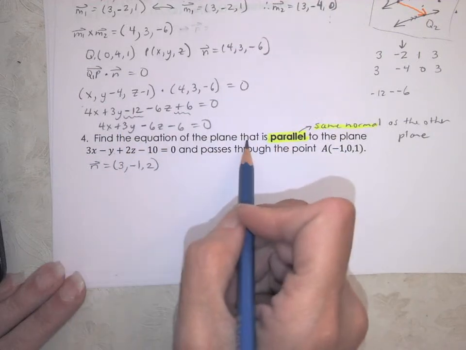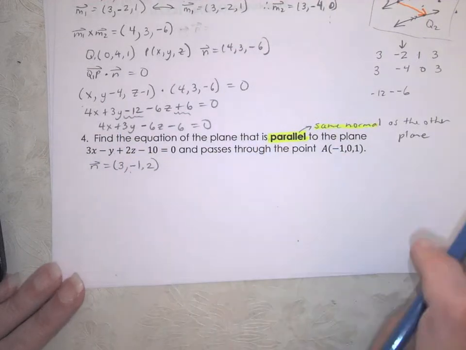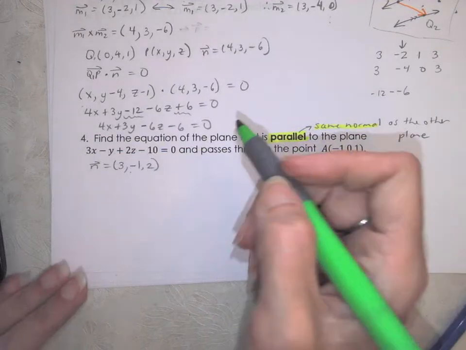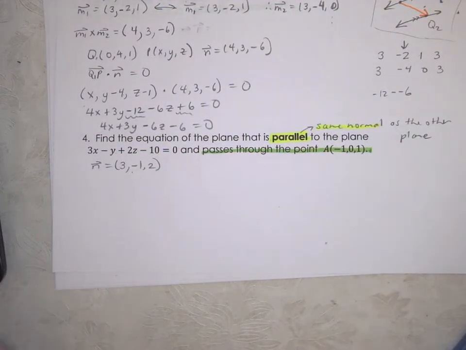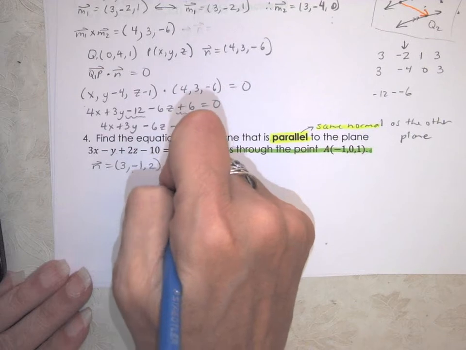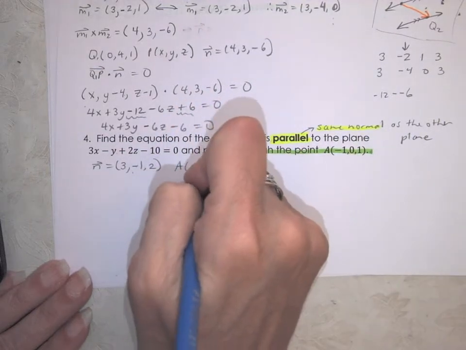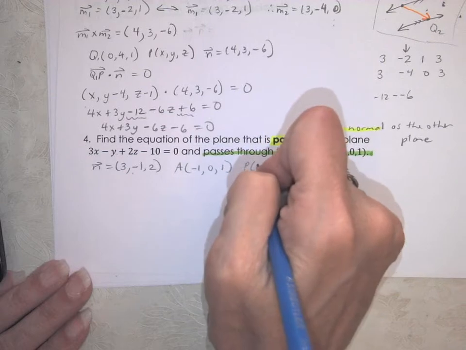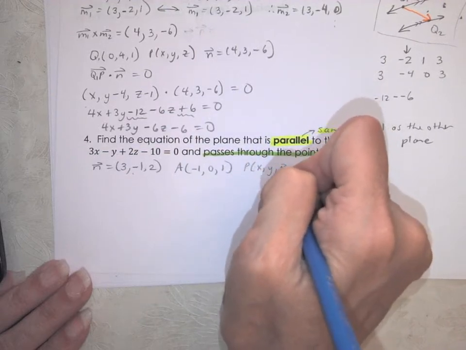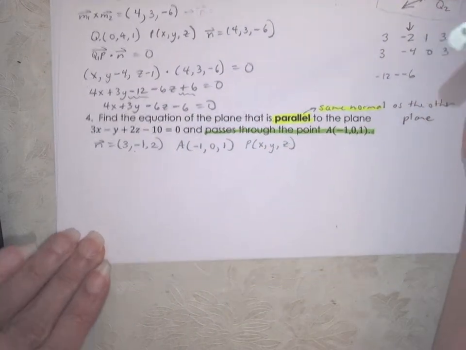And we're finding the equation of the plane with this normal that passes through this point here. Passes through the point A, negative 1, 0, 1. So that's like our Q, but we'll call it our A, our known point on the plane. And P is our arbitrary point, or general point on the plane.